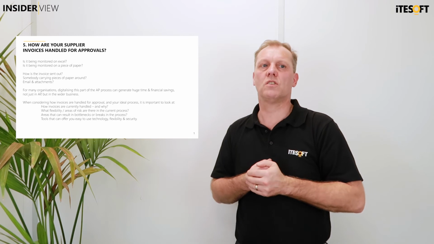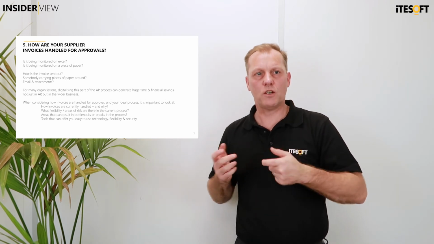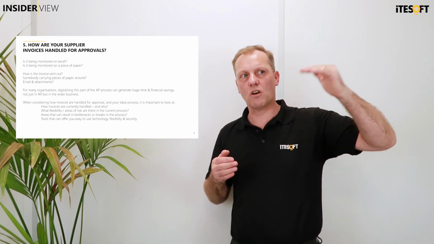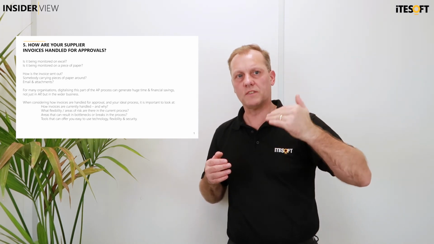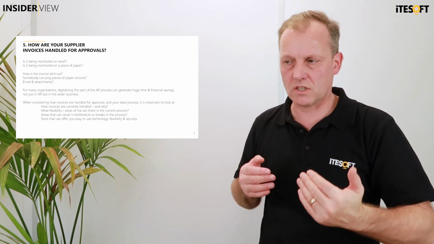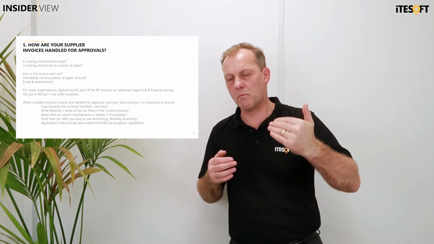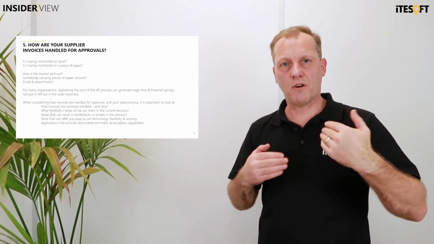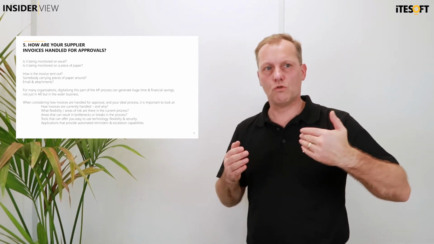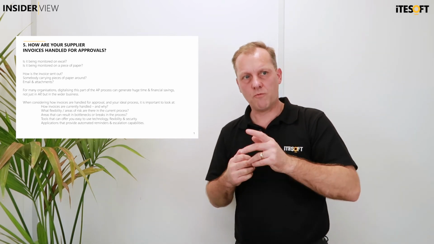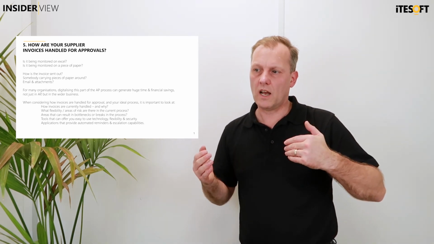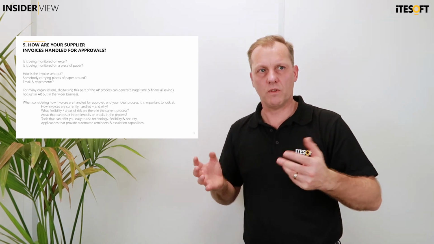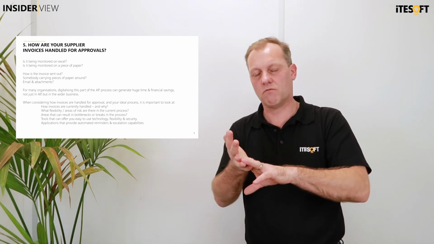And there are applications out there that provide an automated reminder, automated escalation to step back up the process, and ITESOFT has these workflow capabilities, these automated reminders, and the end-to-end audit trail as part of this functionality that we're looking at here. Because if we come back to the manual way that organisations are dealing with this, Excel and paper were the two examples I gave right at the very start.